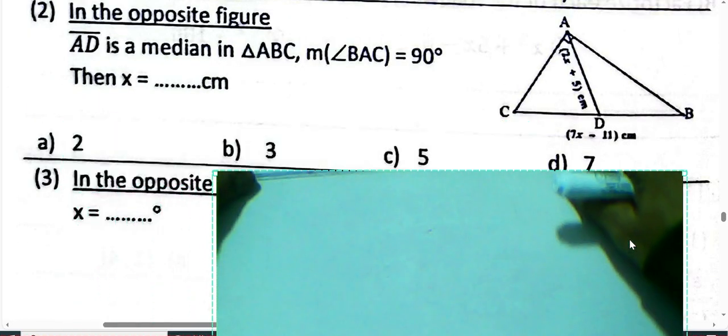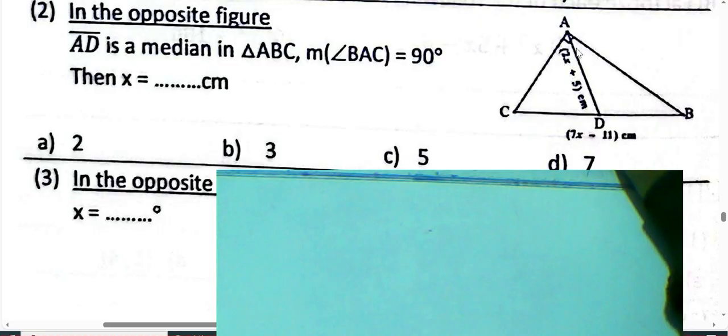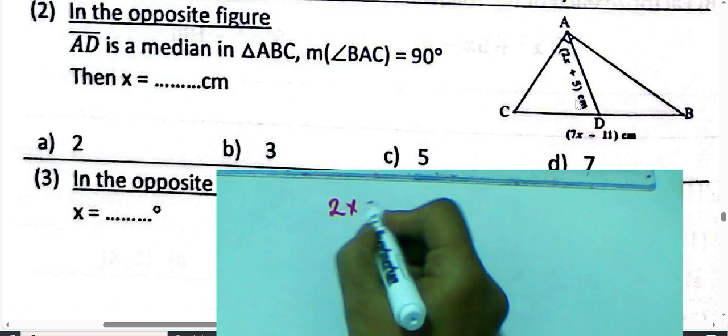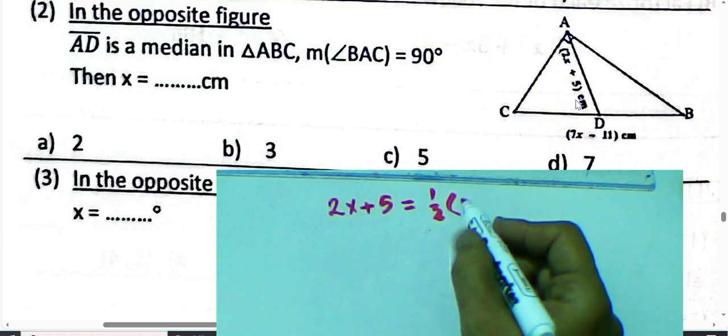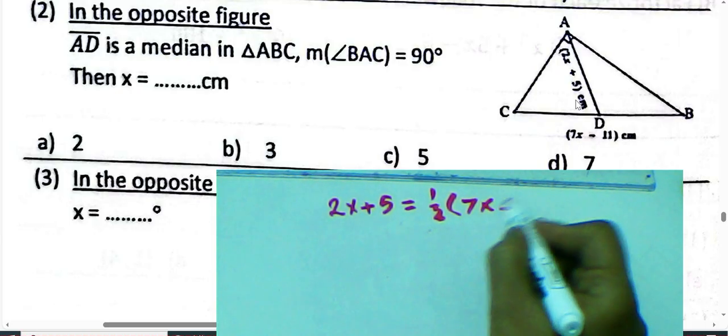Look at here. He gives me AD is the median. Remember, for the median in a right angle triangle, the length of AD will be half of the hypotenuse. Then 2x plus 5 equals half of the hypotenuse. The hypotenuse was 7x minus 11.